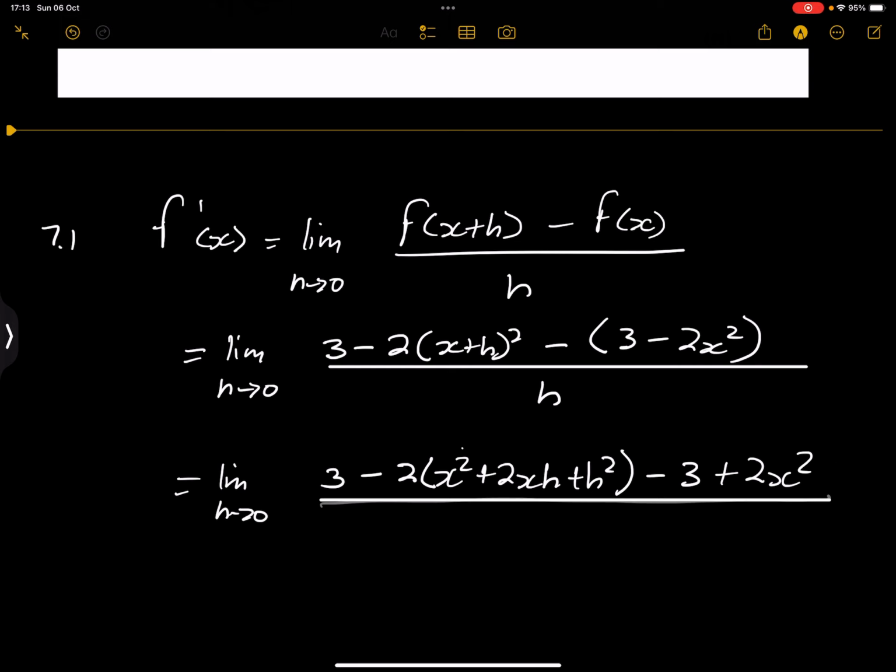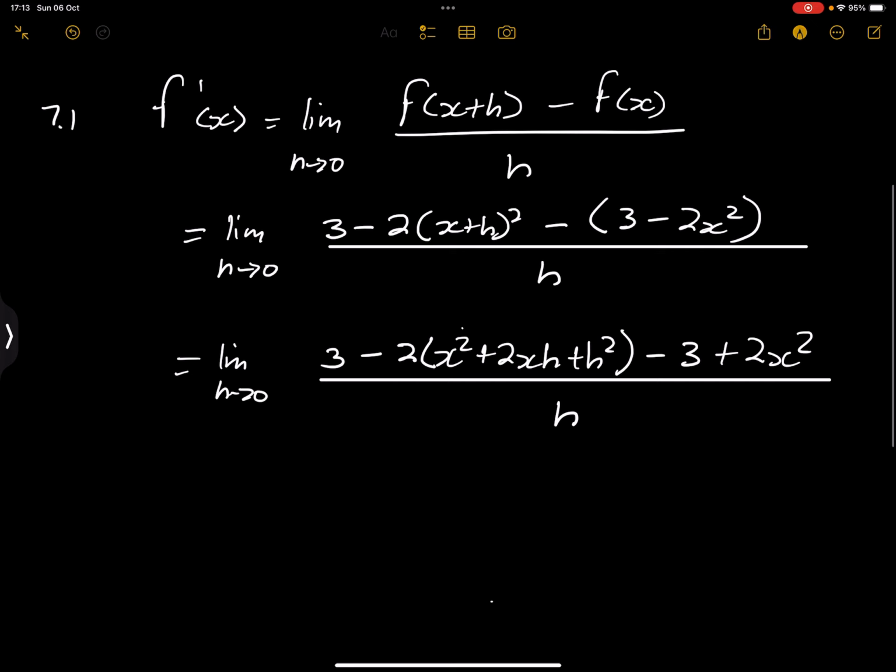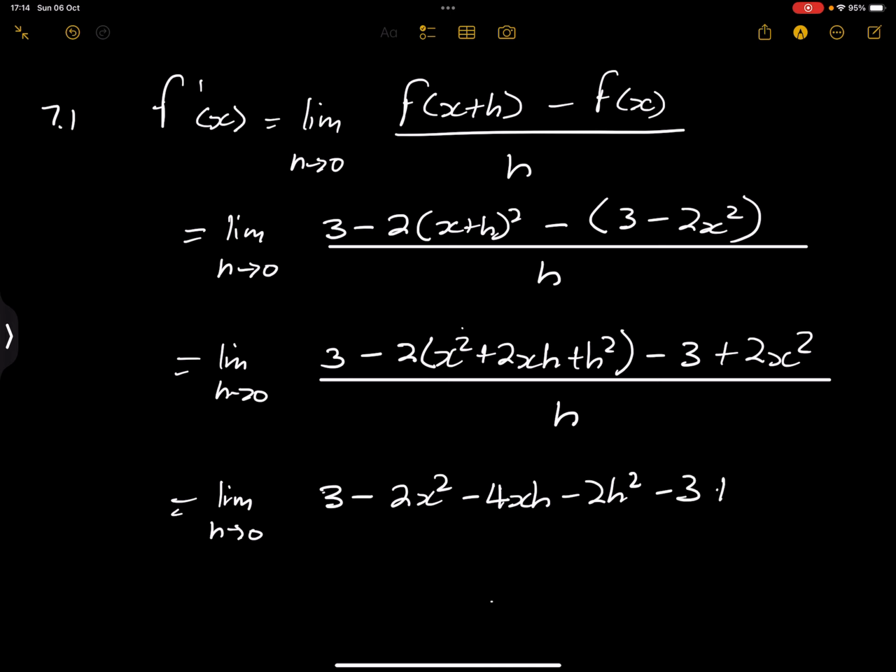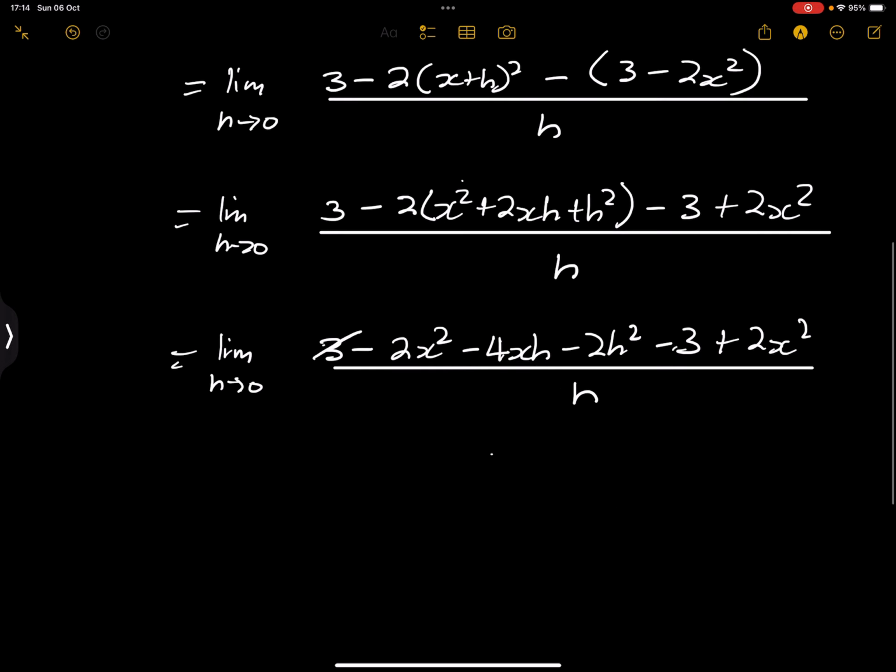Right, so if we divide by h there, again we've got the limit as h tends to 0 of 3 minus 2x squared minus 4xh minus 2h squared, that's minus 3 plus 2x squared, divide that by h. Right, so see that 3 and negative 3 cancel. The negative 2x squared with the positive 2x squared cancel out.